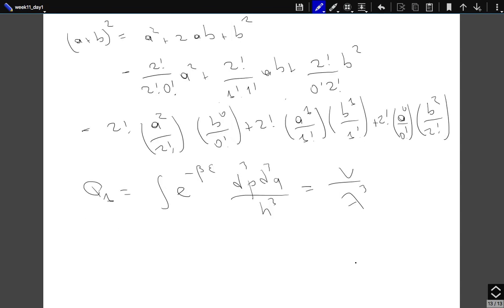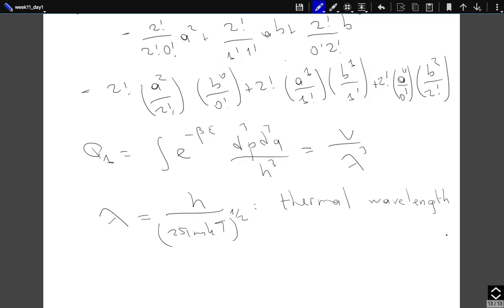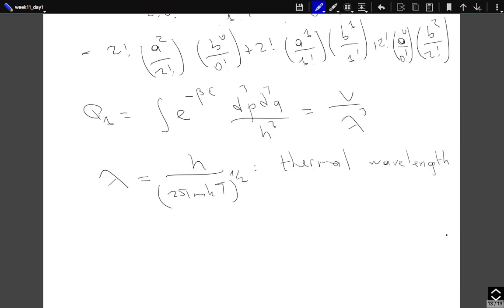Now this lambda is almost the lambda that we had defined last week. Lambda is h over (2 pi m kT) to the power 1/2. This is called the thermal wavelength. Well, why is it called a wavelength? Well, let's just imagine one particle in my system.